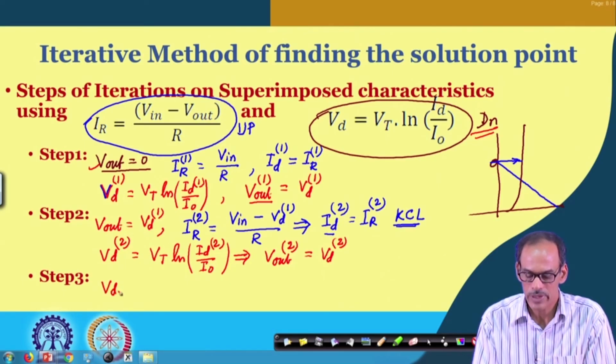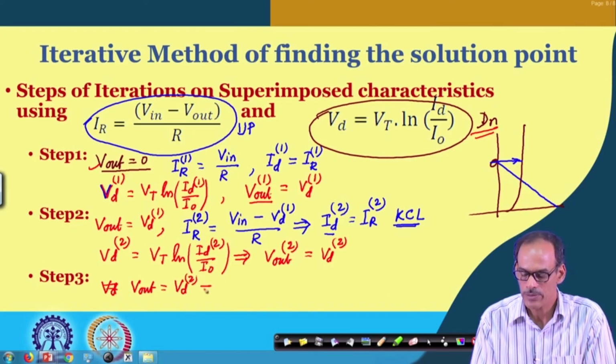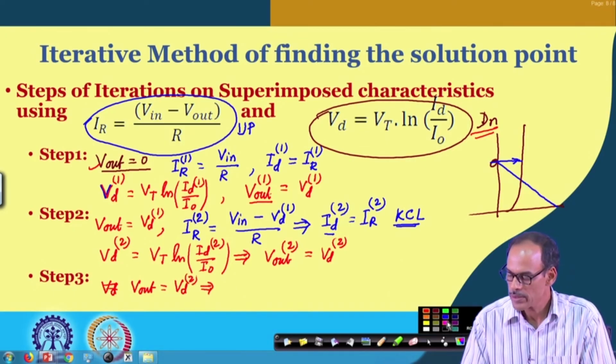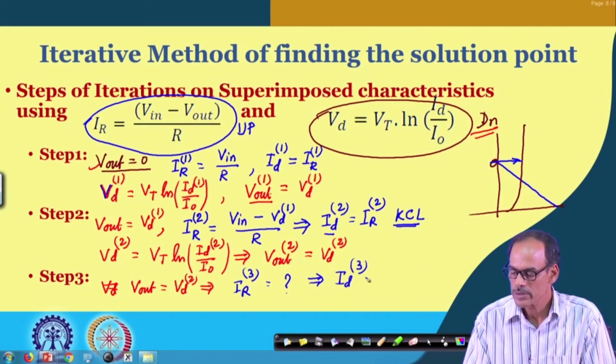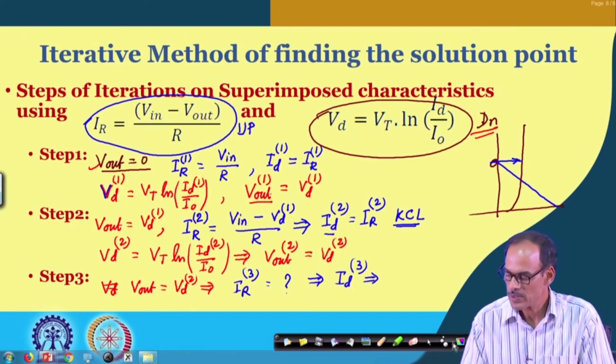So, this new V out is V d 2, and then you can find this I r, third iteration, and then that gives you I d, third iteration, that gives you V d 3, and so on.